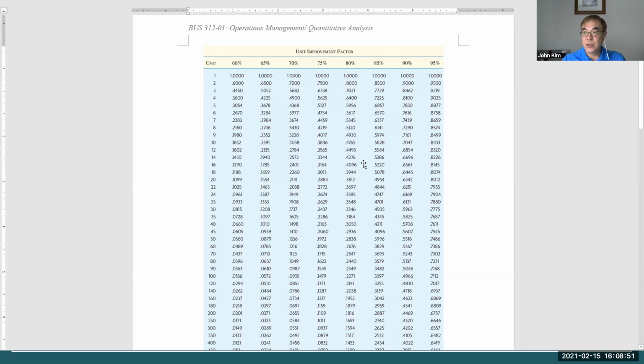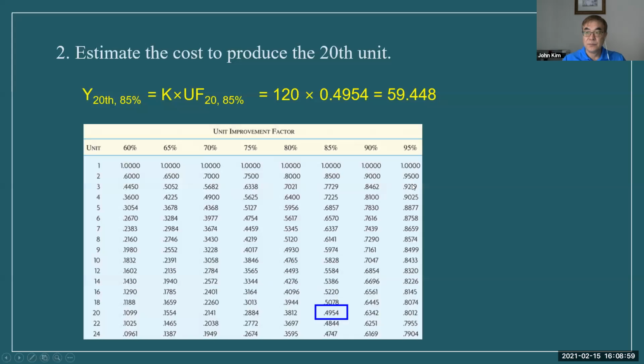So unit number 20 and 85%. The initial cost 120 times the unit factor 0.454 equals 59.448. Easy one.